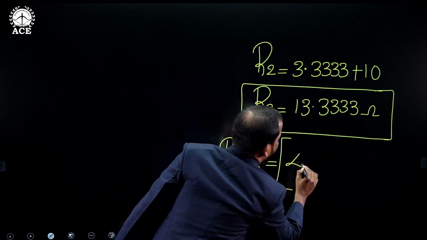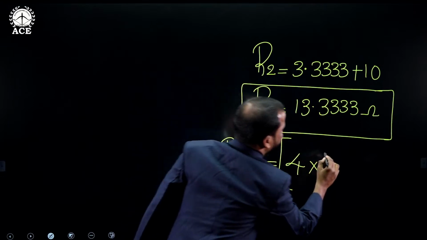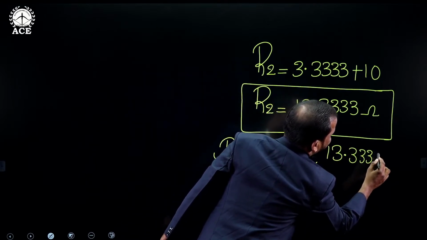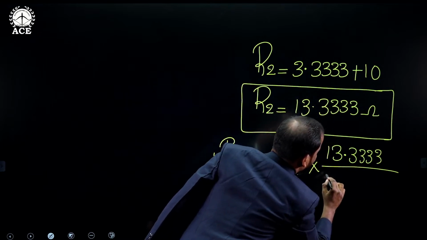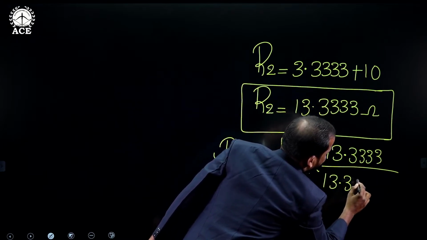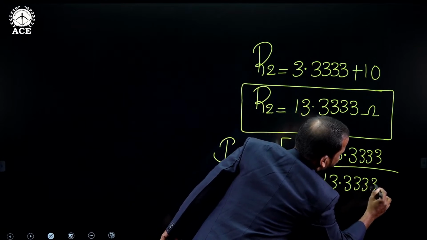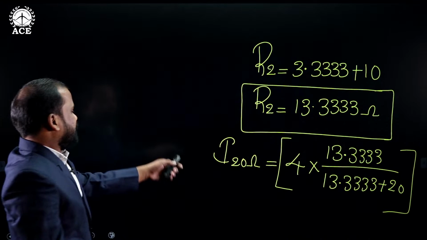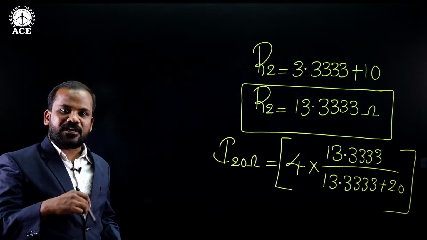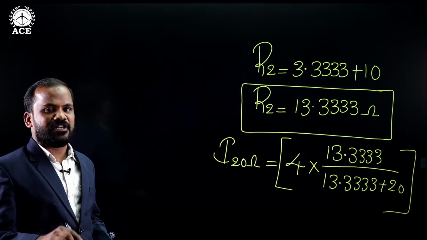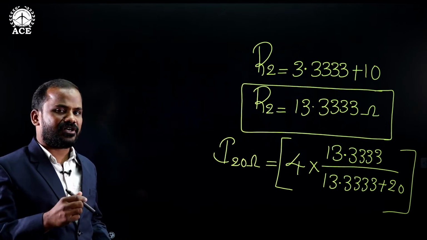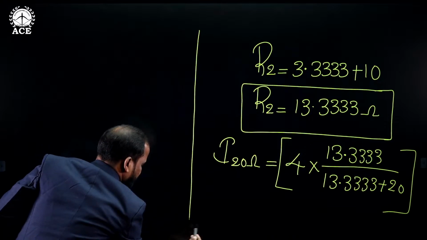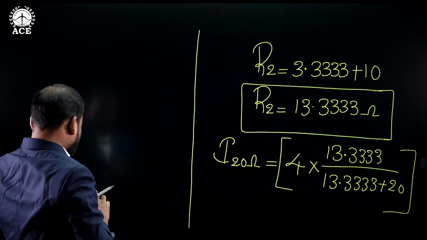So 4 into the opposite resistance, 13.3333, divided by 13.3333 plus 20. Now this will give the value of current flowing through the 20 ohm resistance when the 4 ampere current source is acting alone. Okay, now we can simplify and find the value.